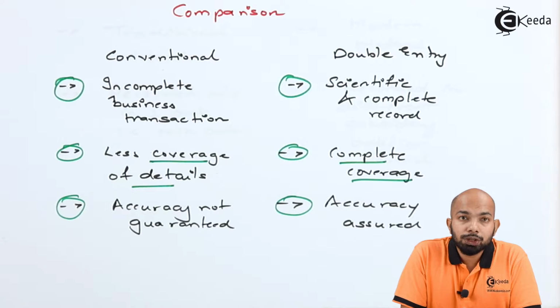With the conventional approach, accuracy is less guaranteed. The accuracy will be there, however, you cannot assure that all these transactions and records are completely accurate. However, with the double entry bookkeeping system, you have assurance that the accuracy is completely foolproof. All these transactions, which have dual aspects, will be recorded in a specific manner, and hence they are error-free or flawless.